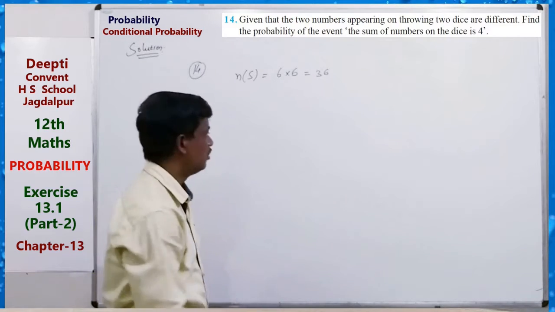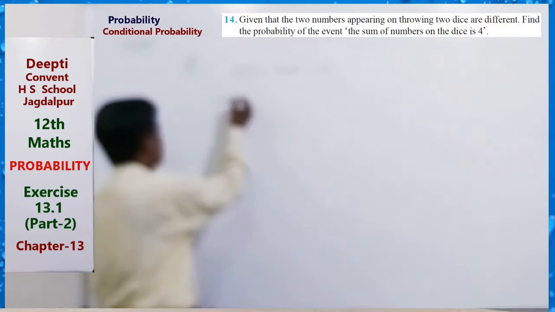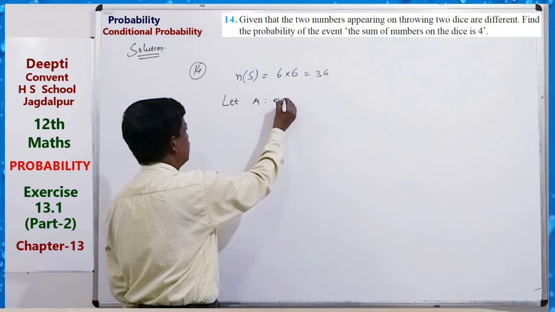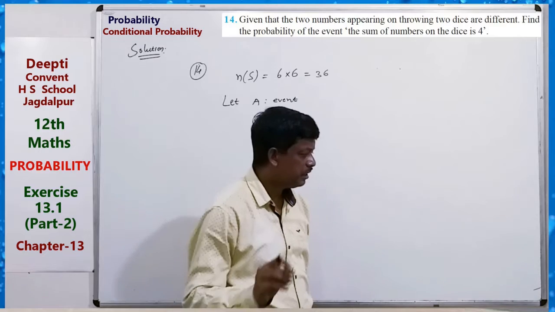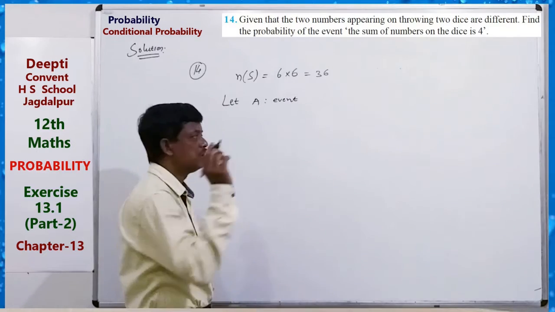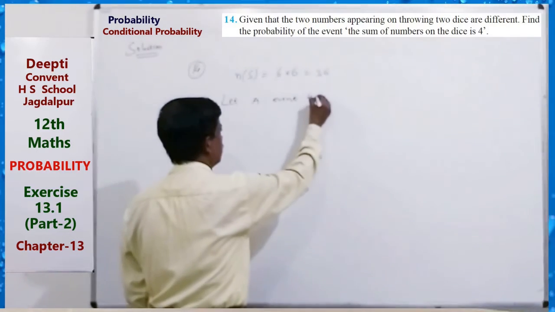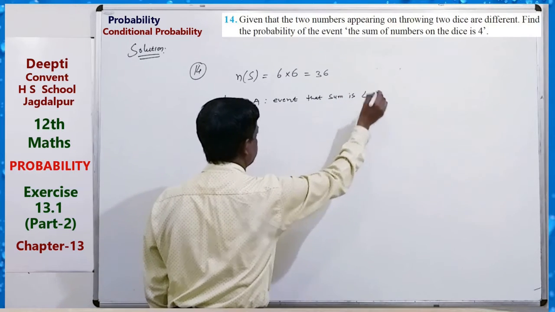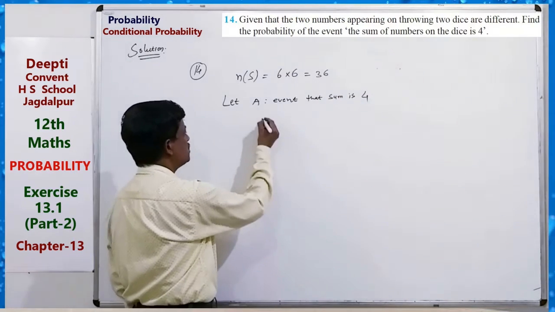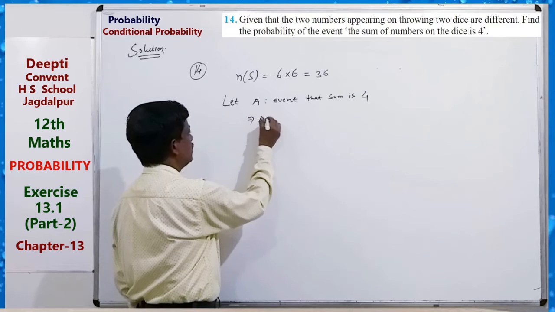Clear? Now let A be the event that the sum of the numbers is 4.